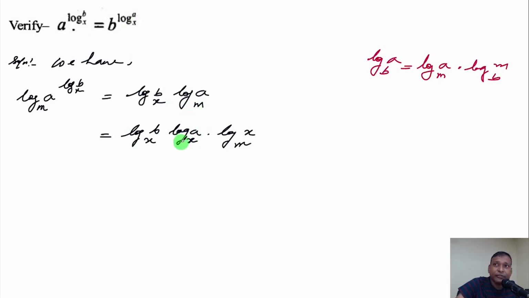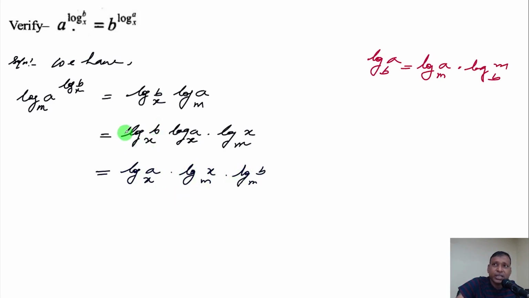So at least I have one term containing log a to the base x. That is why I did so. Now this log b to the base x and this log x to the base m, I'll write together. Look, I have arranged here.